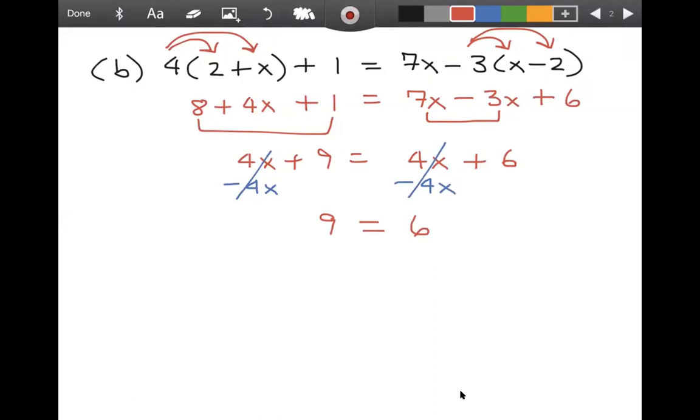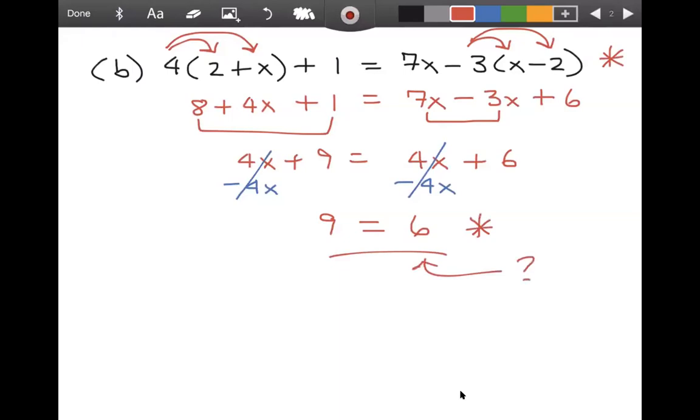So what's happening here is that all the values of x that make this equation true are the same values of x that make this equation true. So what are the values of x that make this equation true?